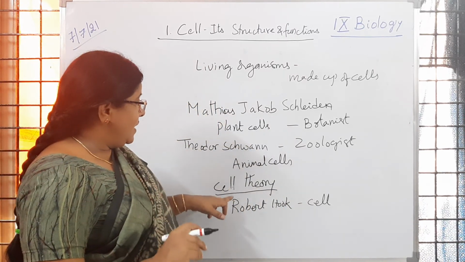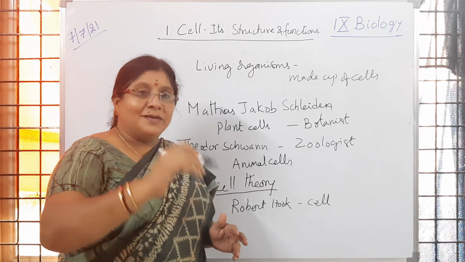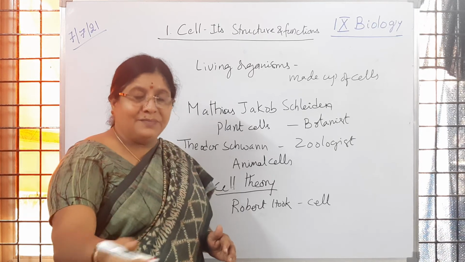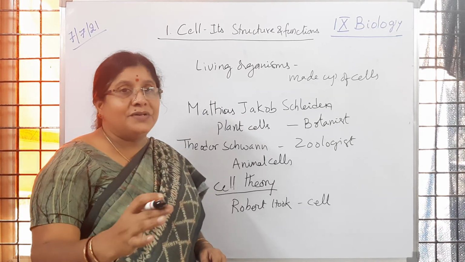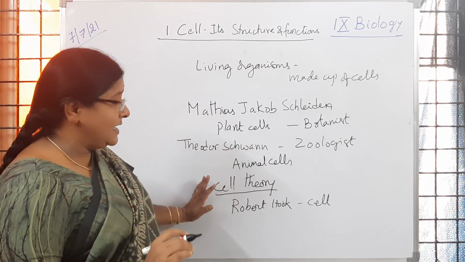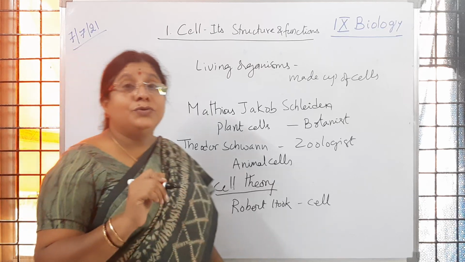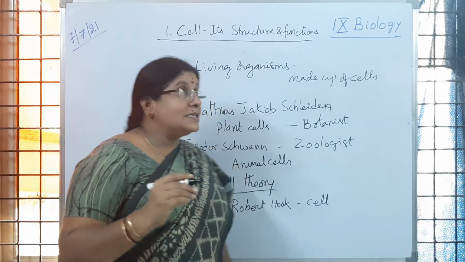No doubt that they proposed cell theory. Some common characters are there, or something is happening. We will learn later how the process is going to happen. They proposed cell theory, but they failed to explain the process of cell division.